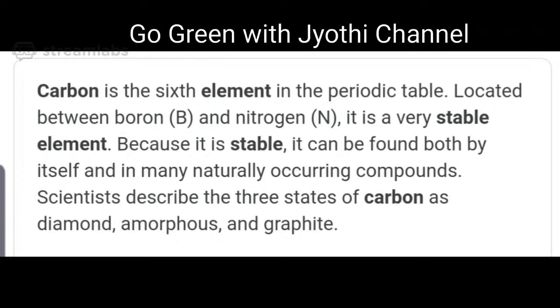Carbon is a stable element. It exists in different states, like the hardest substance diamond. It can occur in a powder, amorphous state, and even exist as graphite.